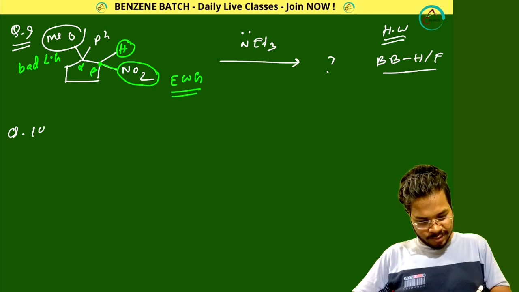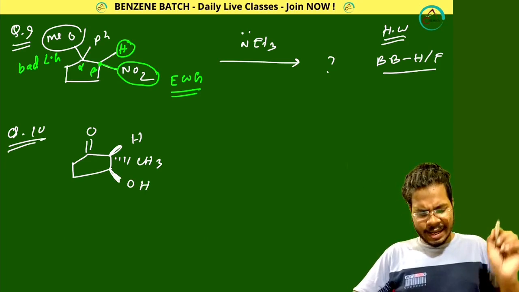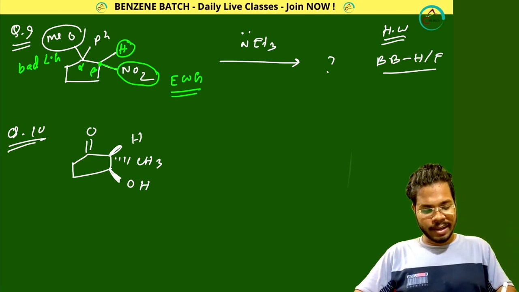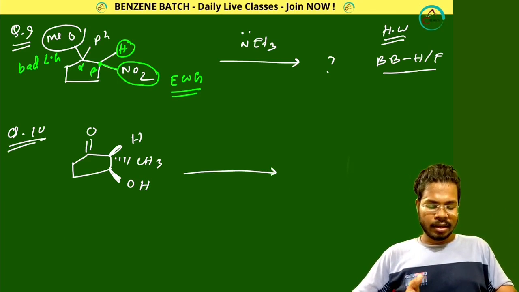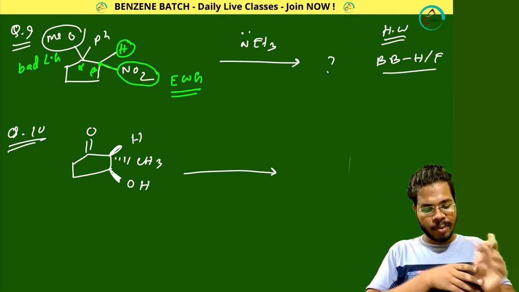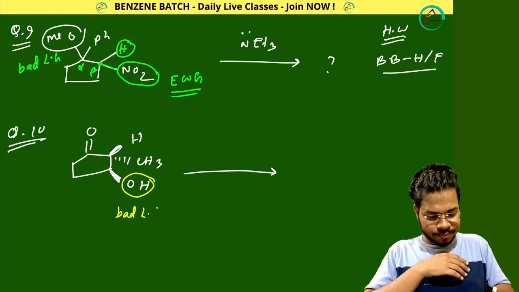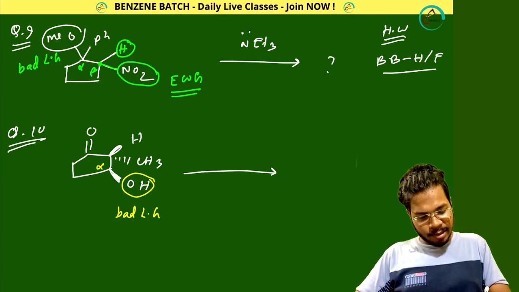Question number 10. There is nothing like above or below group, you just need to do the normal mechanism. In the case of an E1cB reaction, there is nothing like stereochemistry. So this is your leaving group, bad LG, and alpha carbon, beta carbon.